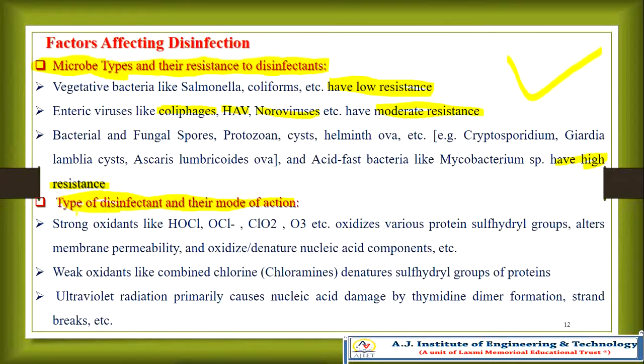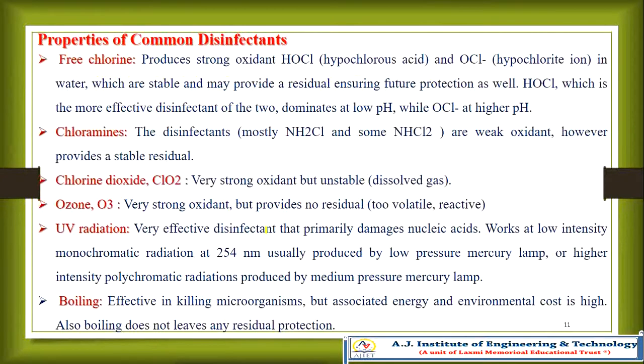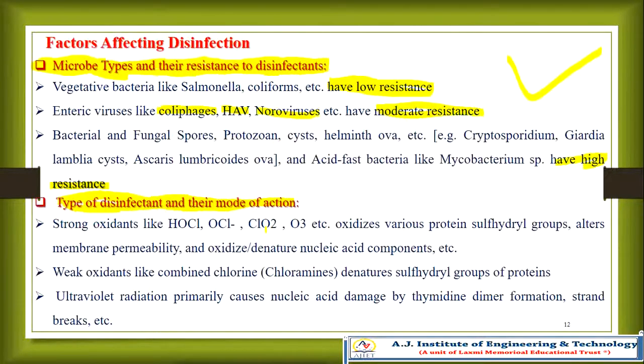Strong oxidants like HOCl, OCl-, ClO2 and O3, that is hypochlorous acid, hypochlorite, chlorine dioxide and ozone, oxidize various protein sulfhydryl groups, alter membrane permeability and oxidize nucleic acid components, etc. This is about strong oxidants, their disinfectant type and mode of action.